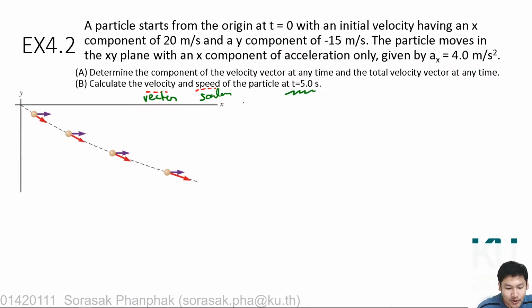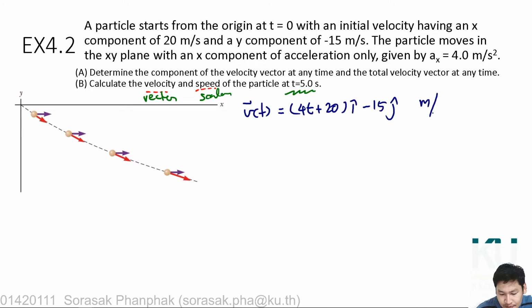Your V total, the net velocity, is 4t plus 20 in the i direction and minus 15 in the j direction, unit meter per second.